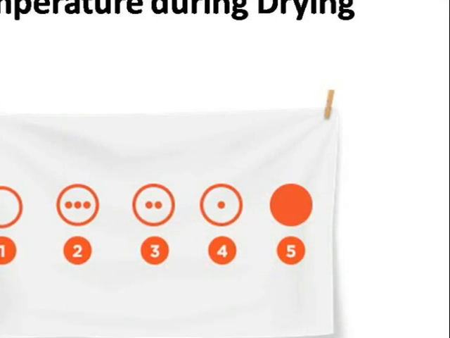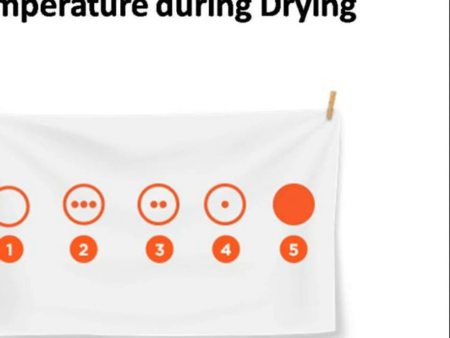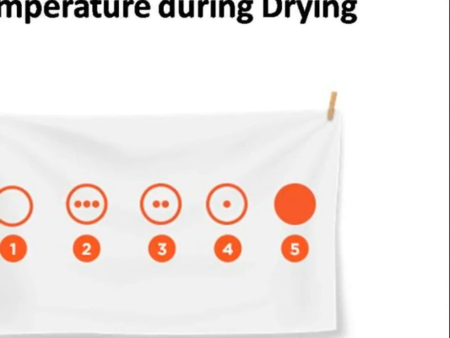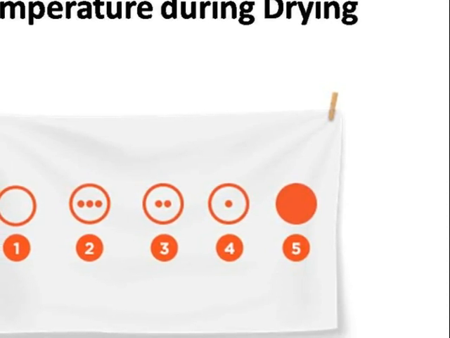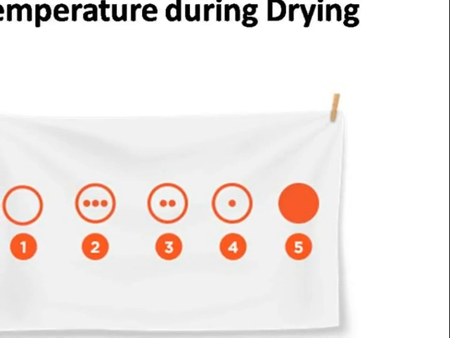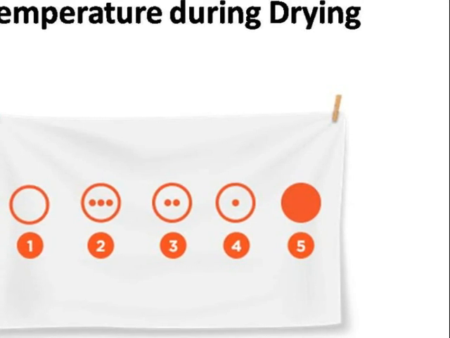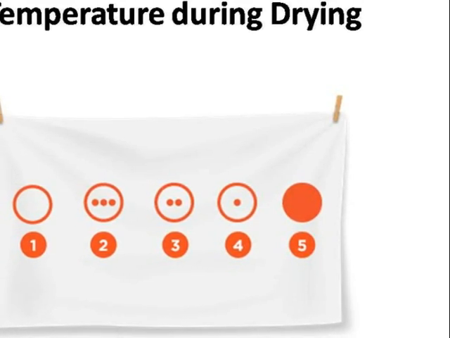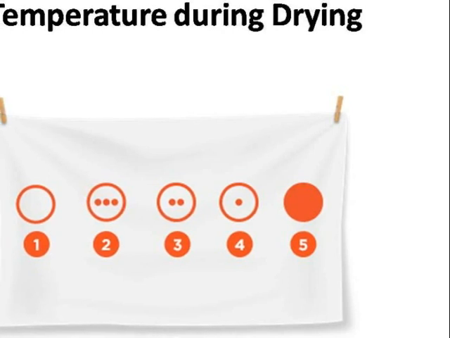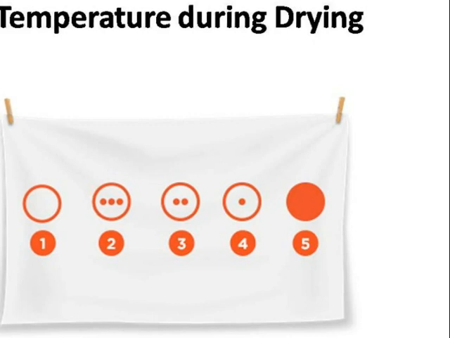After considering the appropriate method for drying the product, the next step is to look for the temperature which is appropriate during drying. The first symbol, the empty circle, indicates that it can be dried at any heat. The second symbol, a circle with 3 dots, indicates that it should be dried in high heat.